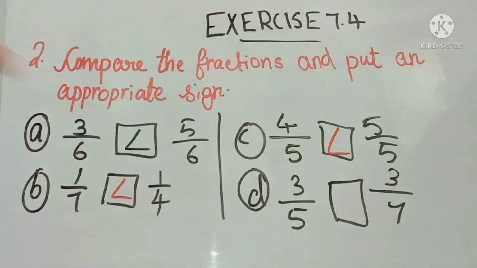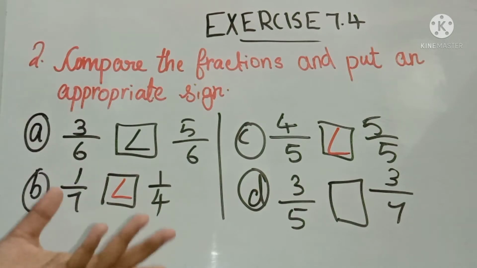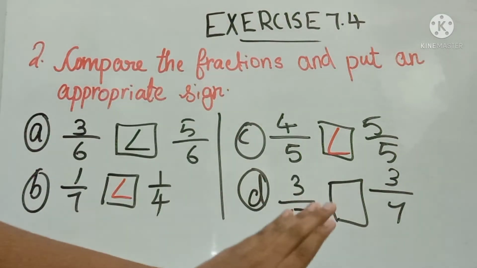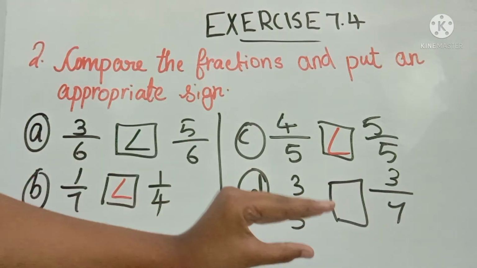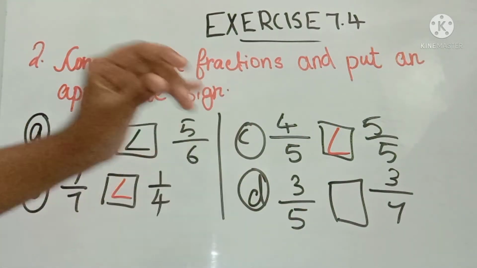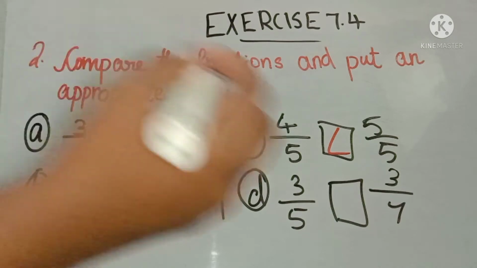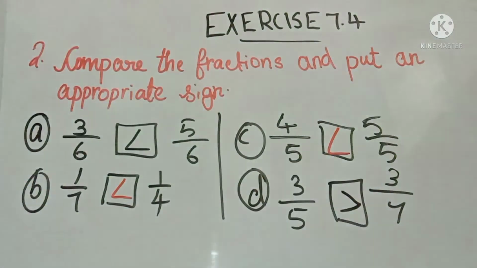When numerators are equal, what do we want to do? The bigger denominator has the smaller value. The smaller denominator has a big value. So we will put the sign accordingly. Okay. These are the second question answers.